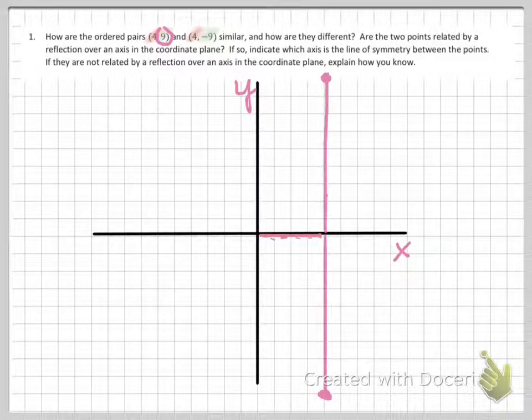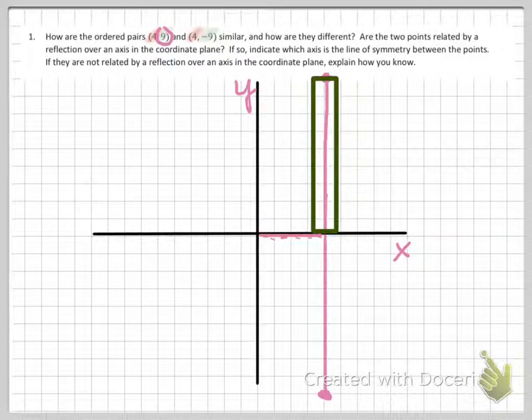The second question, are the 2 points related by a reflection over an axis in the coordinate plane? And that answer is, well, maybe they are. So let's take a look. If we went from this +9 all the way down to the x-axis, that has a distance of 9.